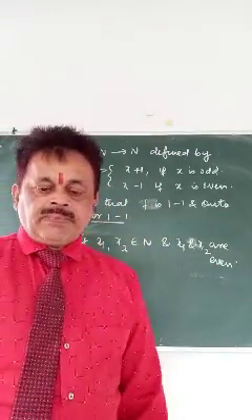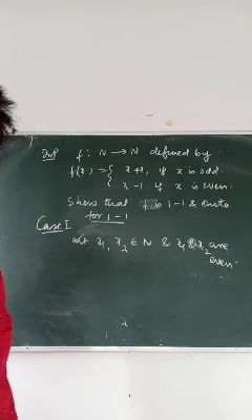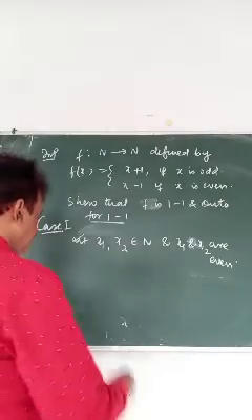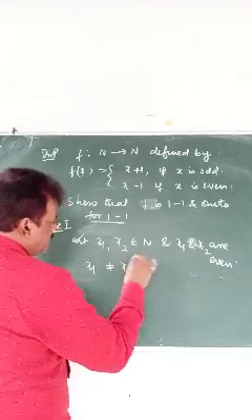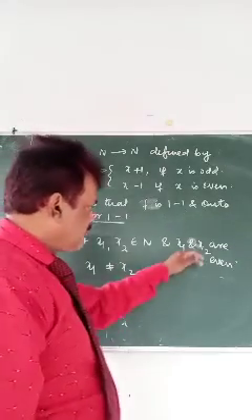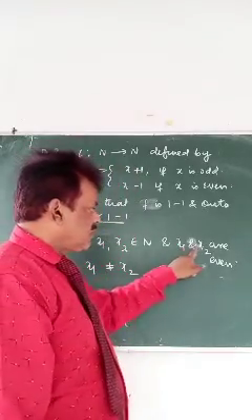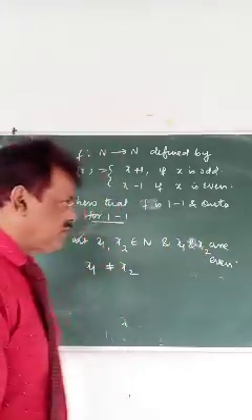Suppose both are even, so your x1 is not equal to x2. Different numbers have been taken, so this is 2, this is 4. Both are even, so these two are not equal. Then your f(x1) should not be equal to f(x2).